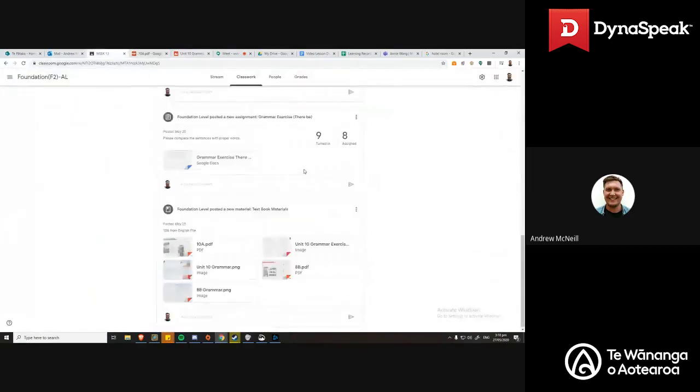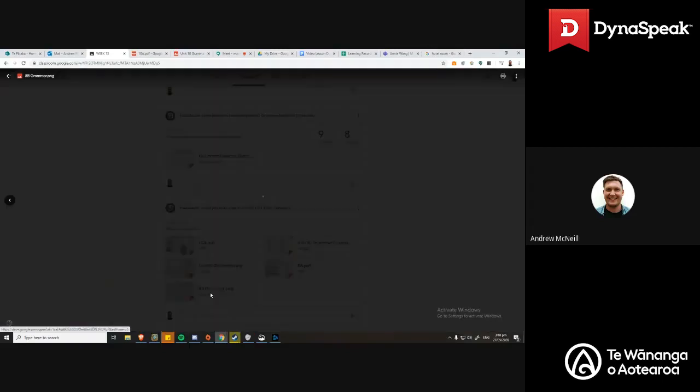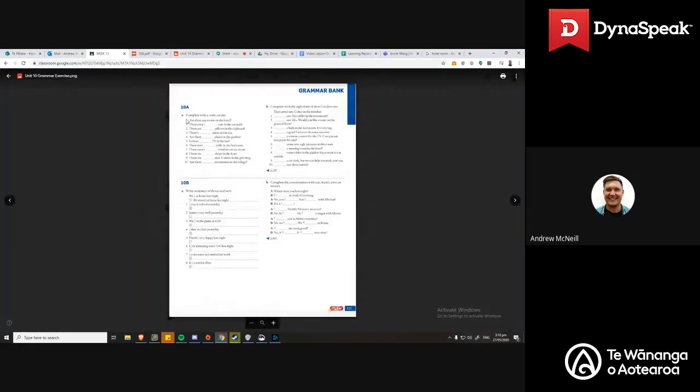And finally, there's also some additional exercises here. These two exercises here are related to there are, and we're also practicing the use of some and any. Okay, that's on page 111.